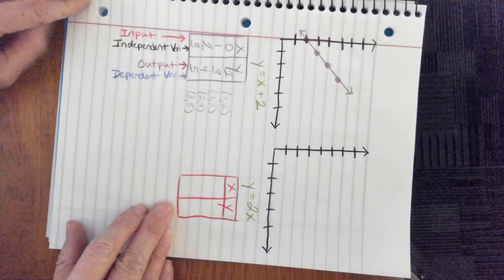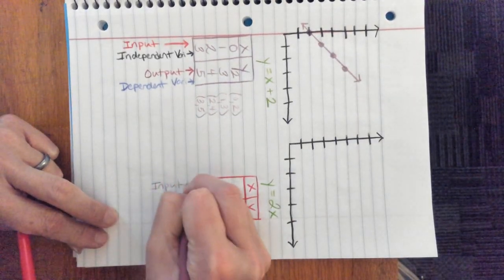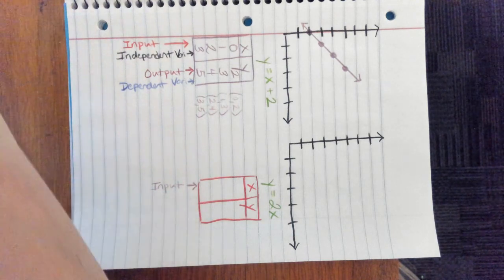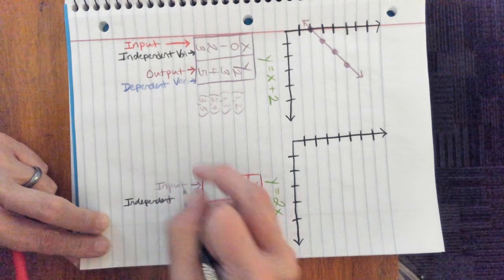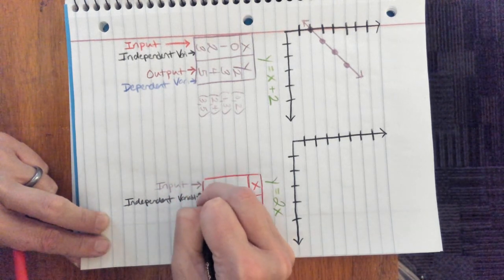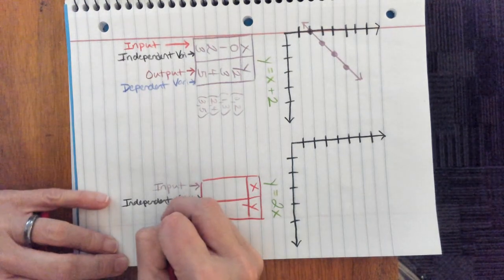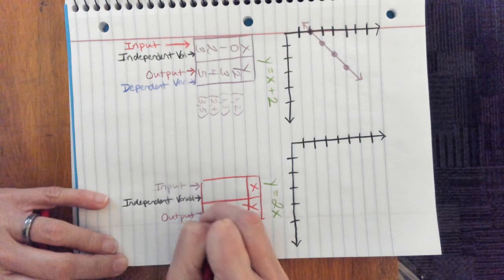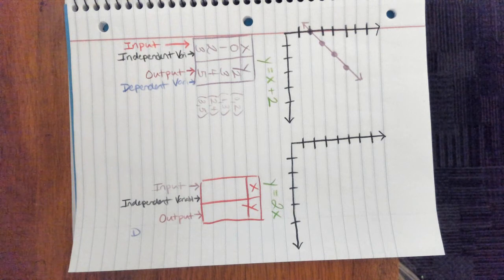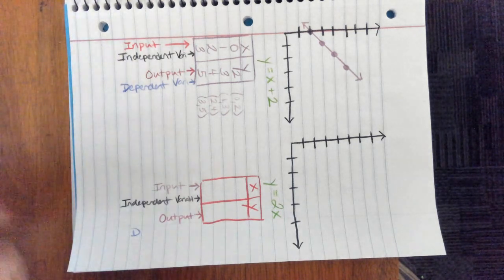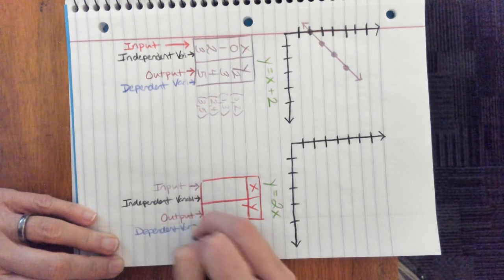And remember, the x is the input, or the independent variable, and the y is the output. It's what I get out, and it's also called the dependent variable.